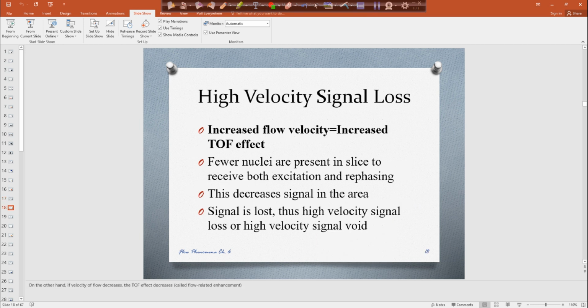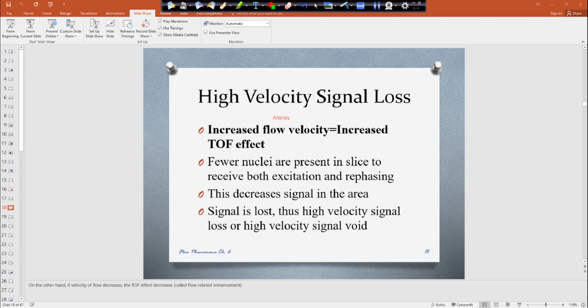So that first parameter that affects our time of flight effect is high velocity signal loss. So if we increase our flow velocity, so are we thinking arteries or veins here? We're thinking arteries.